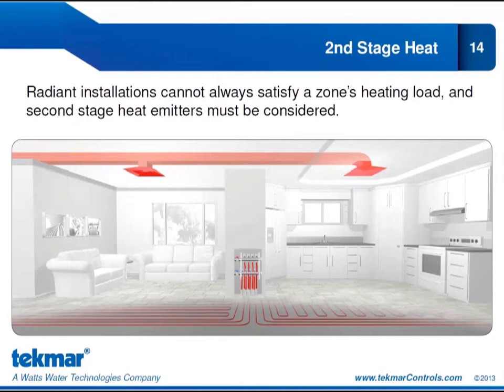Now, the air system can provide a fast response when additional heat is required, whereas because of the thermal mass of the radiant installation, it is slower to respond. So it provides a great base load of heat, but if we're not meeting our zone's heating needs, or we would need a faster response, then the forced air system is used to supplement that base load amount of heat.